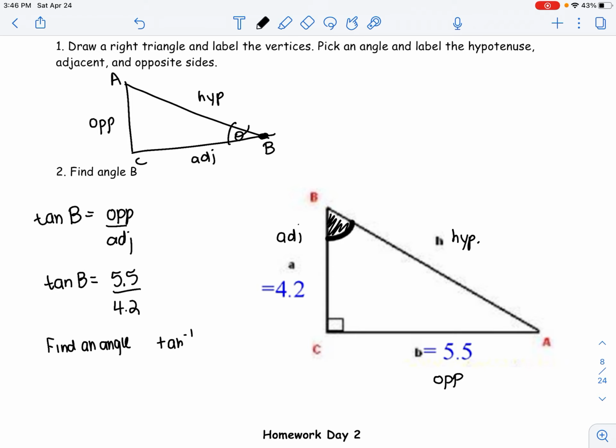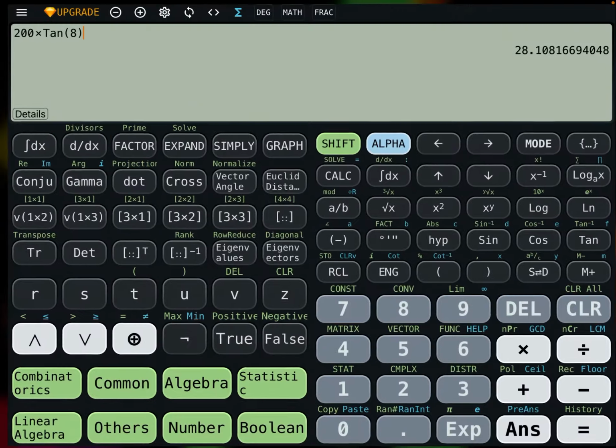If we don't use that button, we're not going to get the right answer. So in order to get B by itself, we have to bring tan to the other side, which becomes just tan inverse in brackets of the ratio that we started with. 5.5 divided by 4.2. So we need to put this exactly how you see in your calculator, tan inverse 5.5 divided by 4.2.